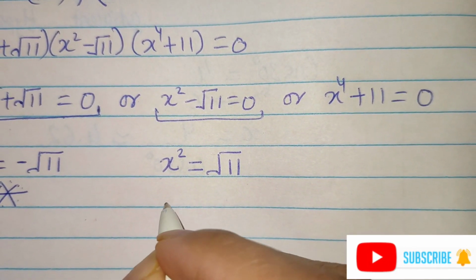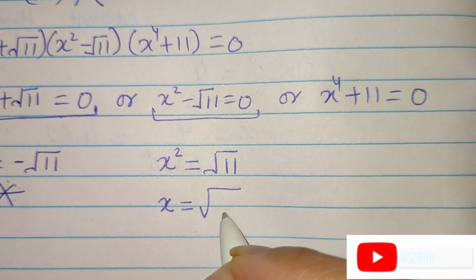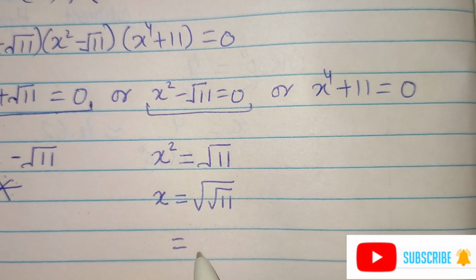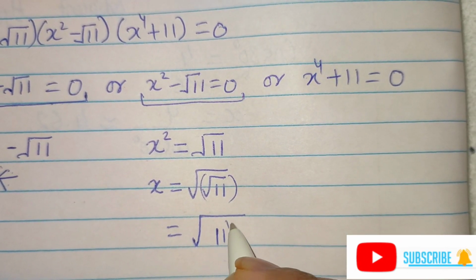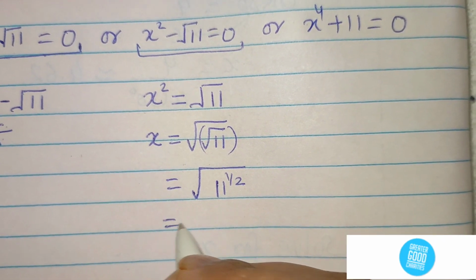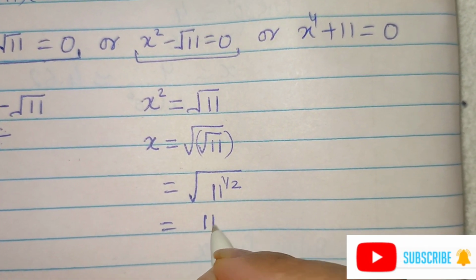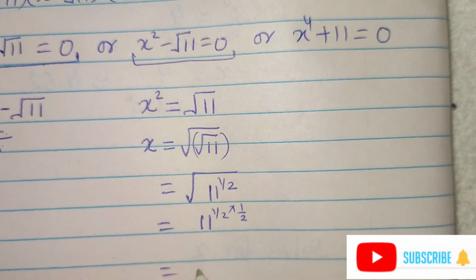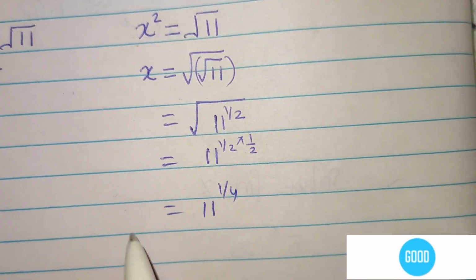And then I can further solve it. x will be the square root of square root 11, which is nothing but, if I write the inner square root as 11 to the power 1 over 2, and then take another square root, that will be 11 to the power 1 over 2 times 1 over 2. So that will be 11 to the power 1 over 4. So that's one of the values.